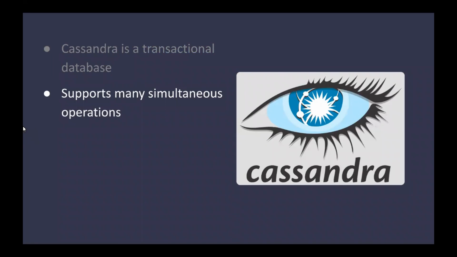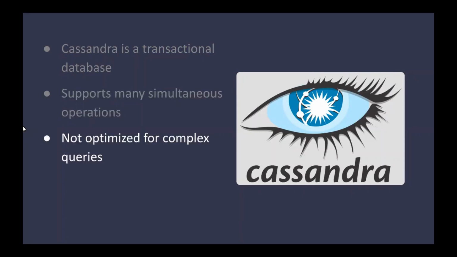This just means that it's built to support many simultaneous operations. Transactional databases are able to handle many users reading, writing, and updating the data within them without causing any problems. But the trade-off is that these databases are not optimized for complex queries involving large data sets.